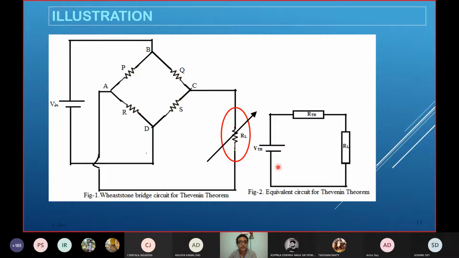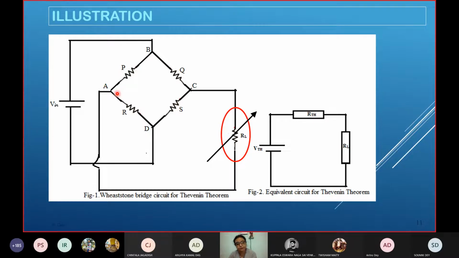So the V Thevenin, or V open circuit, will appear across A and C. For R Thevenin, assuming the source to be an ideal voltage source, short it. Then remove RL, and through the terminals A and C you look back into the network. You will find R Thevenin as the equivalent resistance.